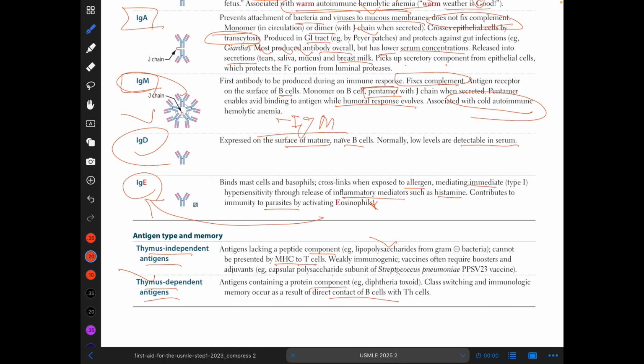Thymus-independent antigens lack peptide components that can be presented by MHC II to T cells. Fine.